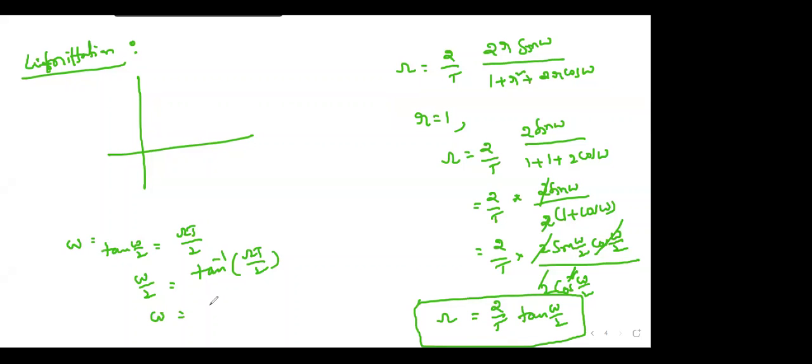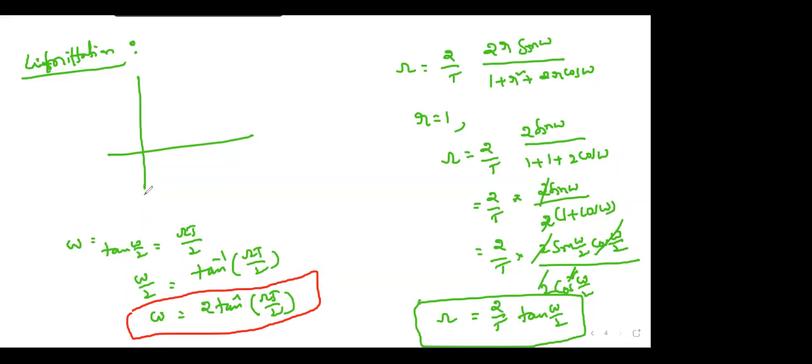Therefore omega is equal to 2 into tan inverse of omega T by 2. So finally we got the digital omega in terms of the analog omega. Okay, fine. That is okay.